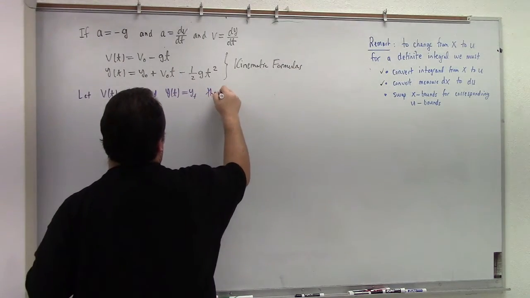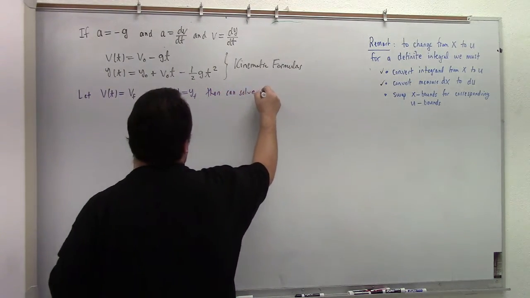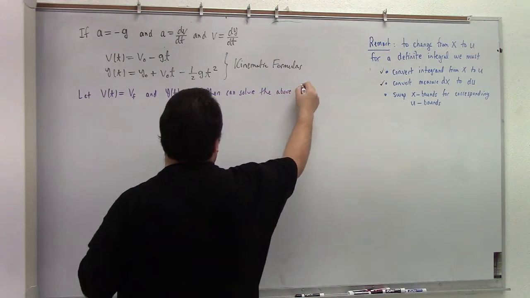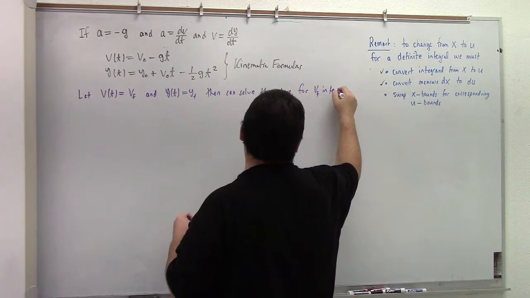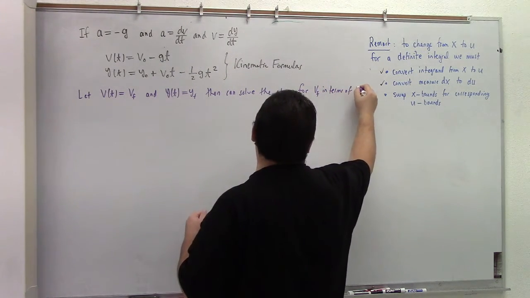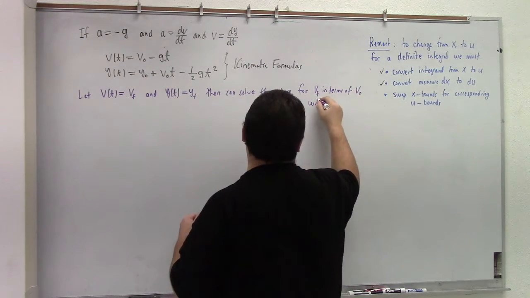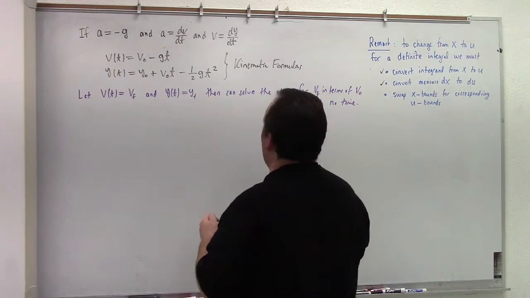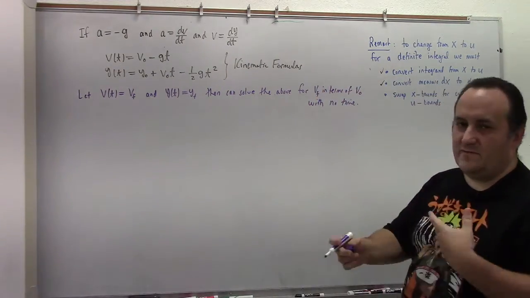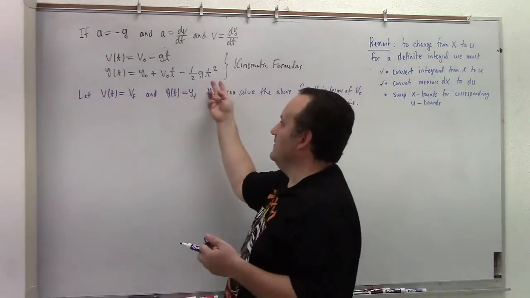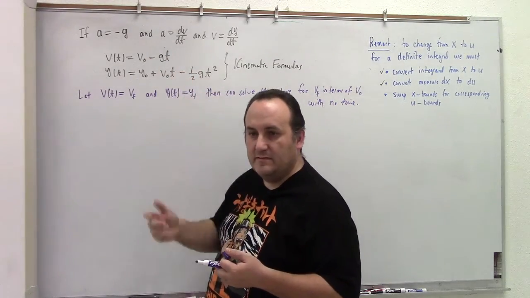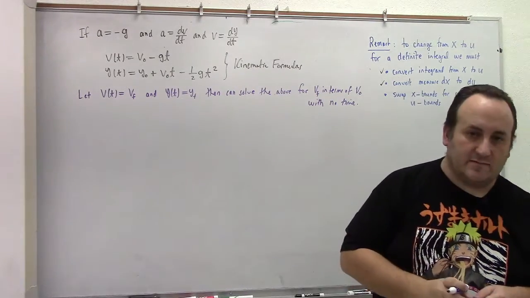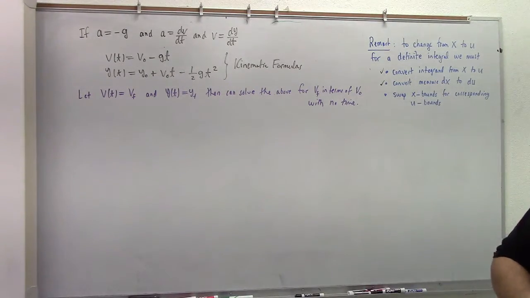Then you can solve the above for vf in terms of v0 with no time. Like you can solve this algebraically. Like you can eliminate time from the second equation by solving for time in the first equation and plugging it in, right? And this gives you the so-called timeless equation. I want to show you how to derive the timeless equation using calculus.